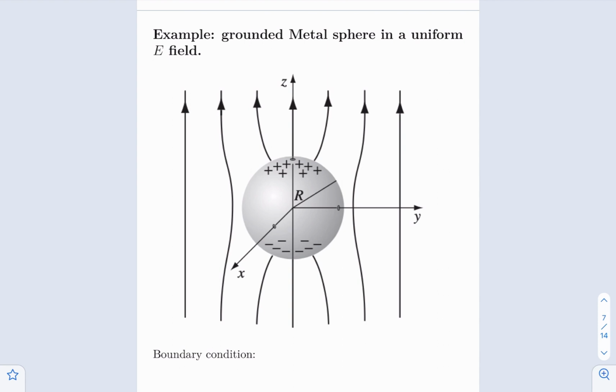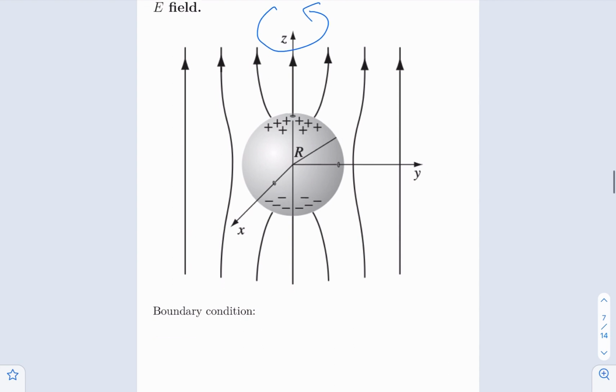This problem is special in the sense that it has azimuthal symmetry, because if you rotate this system around the z-axis, the problem remains unchanged. Now if you do this problem in spherical coordinates, then you can apply what we just learned about the spherical Laplace equation.